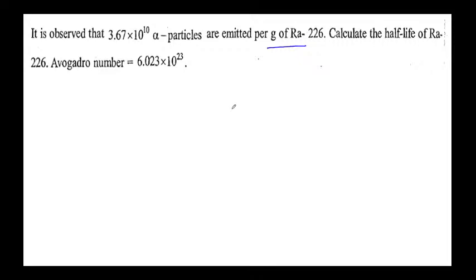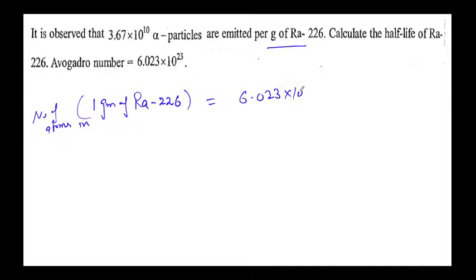You can calculate the total number of atoms present in 1 gram of radon-226, which is 6.023 into 10 to the power 23 over the mass number of radon, that is 226.